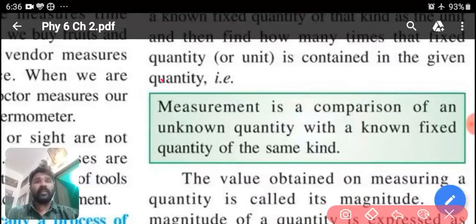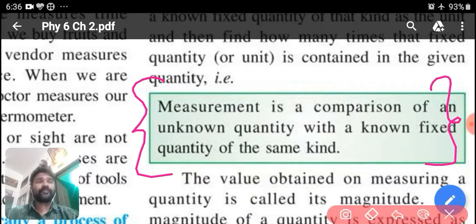All of you, please underline this point, the definition of measurement. We are discussing measurement in this chapter. Okay, students, don't forget. Clear? Here we got the definition of measurement.